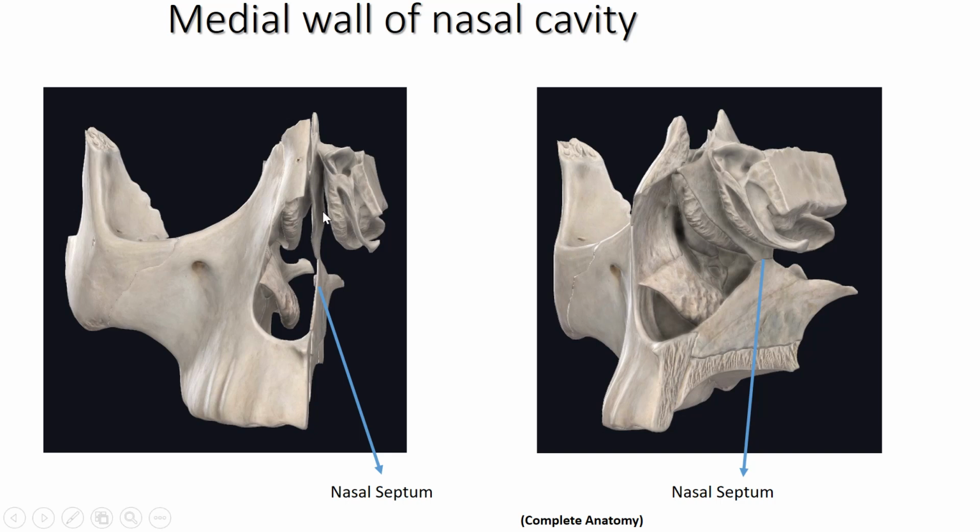Superiorly then, the perpendicular plate of the ethmoid. So you can see the ethmoid bone here and the perpendicular plate superiorly. And inferiorly, we have the vomer. So we have the same here, superiorly the ethmoid bone and inferiorly the vomer. Remember that this space will be occupied by the septal cartilage.